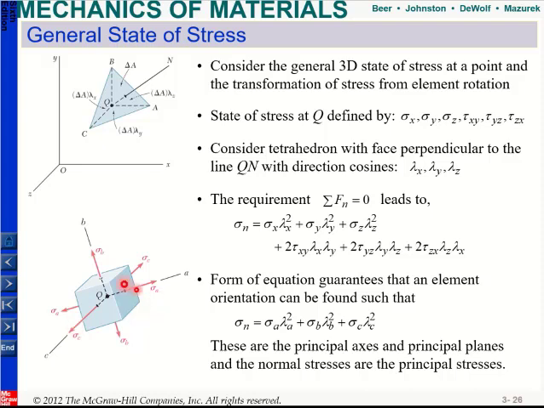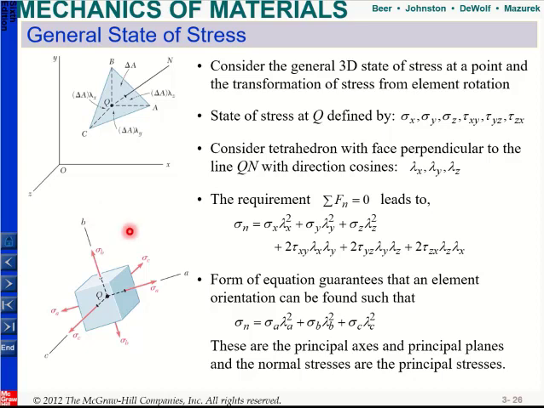So I will have sigma A, sigma B, and sigma C. After you find these 3 stress components, we can use our Mohr circle in 3D.